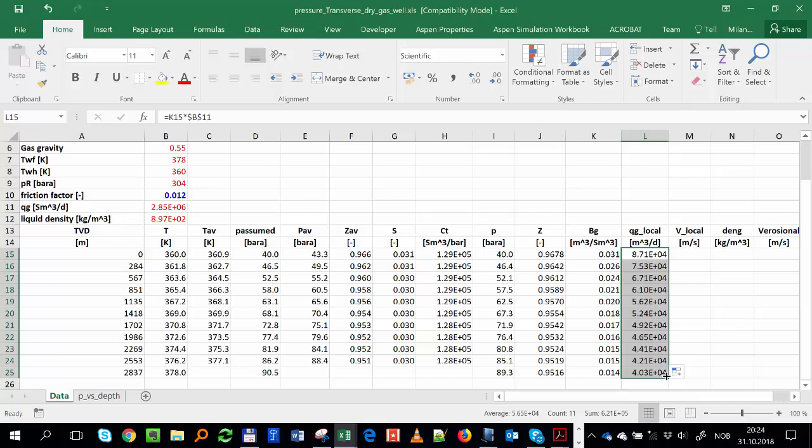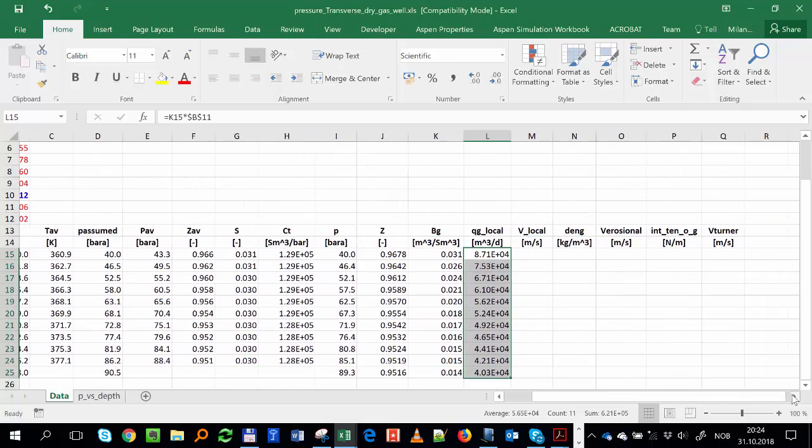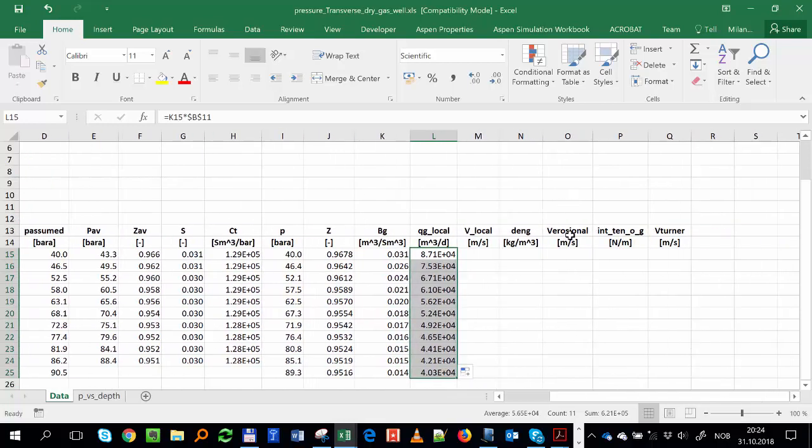We are close to the end, we have 6 minutes to finish. So I suggest we keep the rest of the exercise for tomorrow, if you agree. Because we still have some more things to do. We have to calculate with the local rate the velocity, and then with this velocity we have to calculate the erosional velocity and the liquid loading velocity.